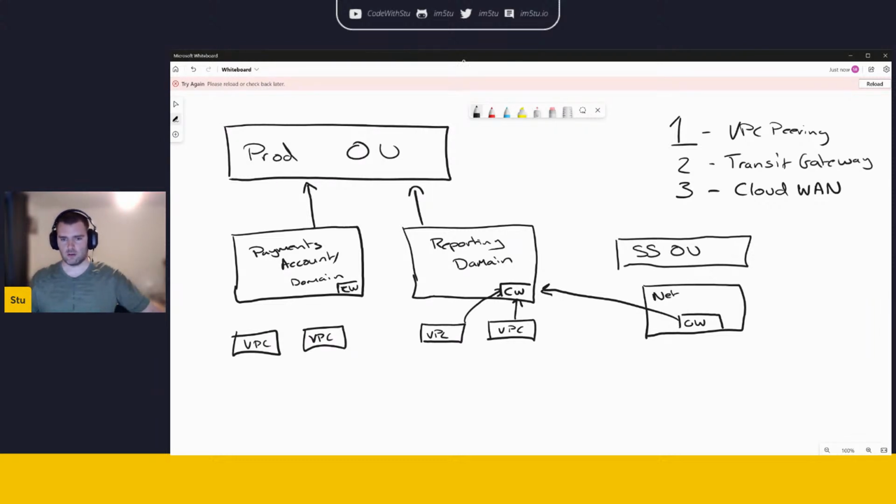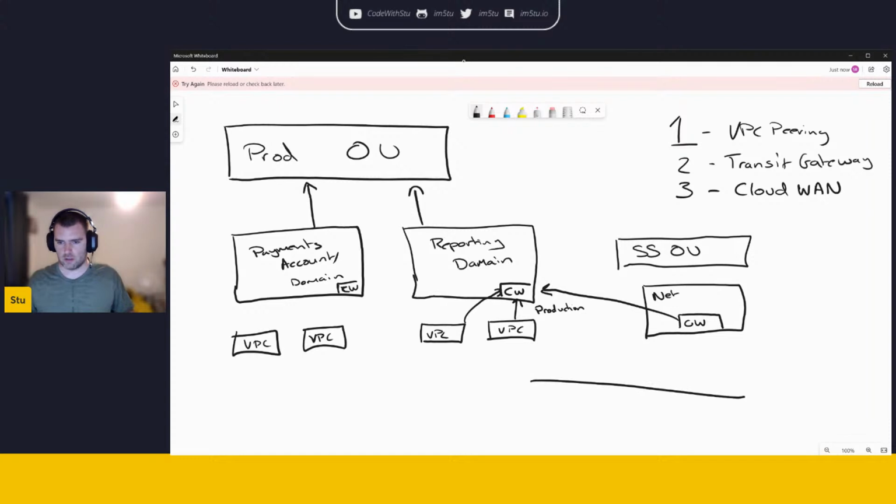But then as each VPC joins in, it basically says, hey, I'm production. And then you can grant access centrally in something called the core network inside of Cloud WAN. And it basically segments your traffic to whatever tags you wish.